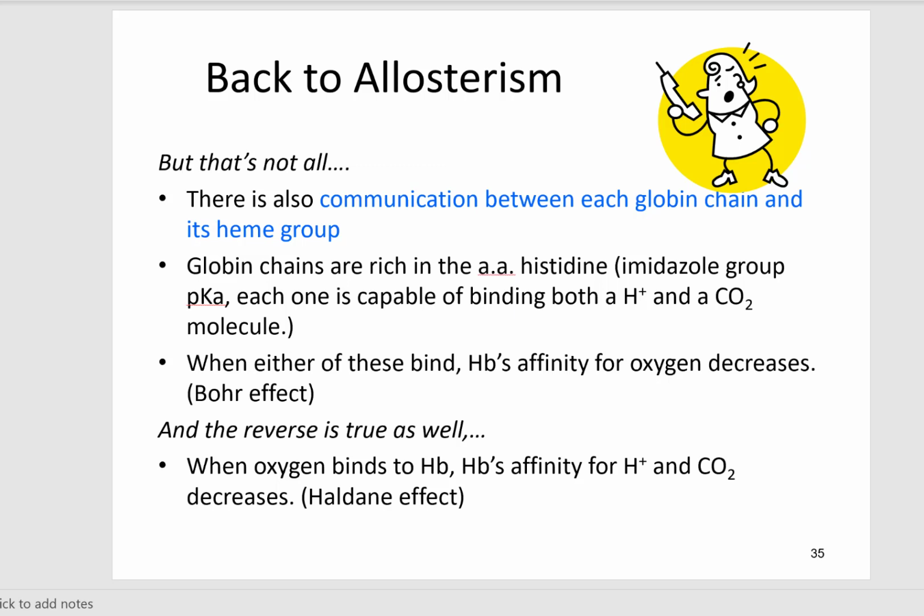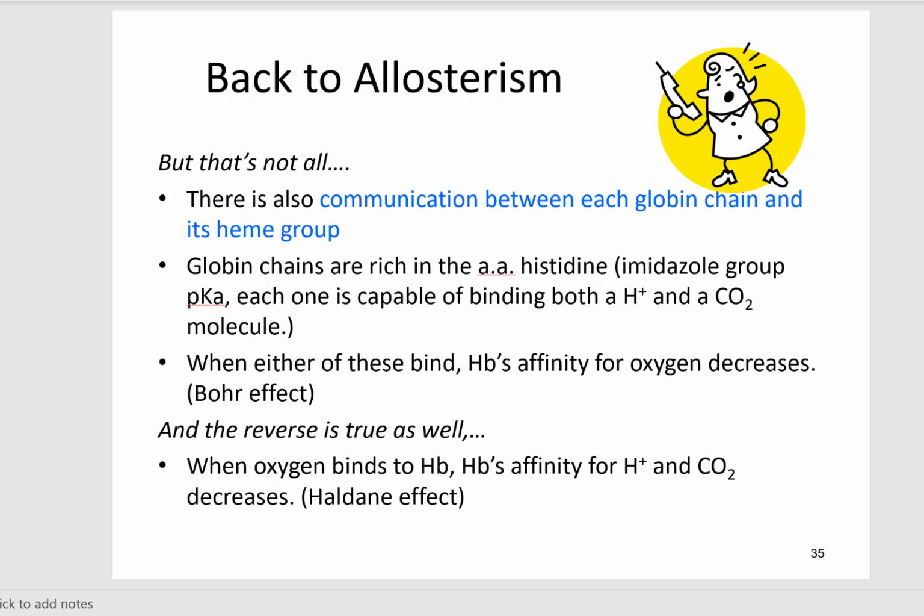How is this possible? Globin chains are rich in amino acids. Specifically, that's what they're made of, but specifically there's one amino acid that is particularly noteworthy, and that's histidine. Histidine is capable, due to its chemistry, this imidazole group, it is capable of binding to both hydrogen ions and carbon dioxide.